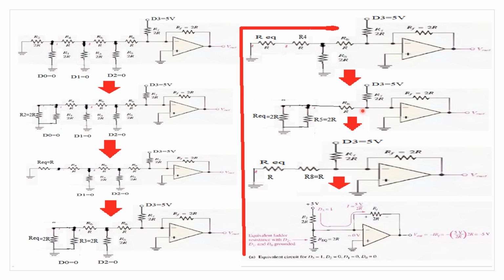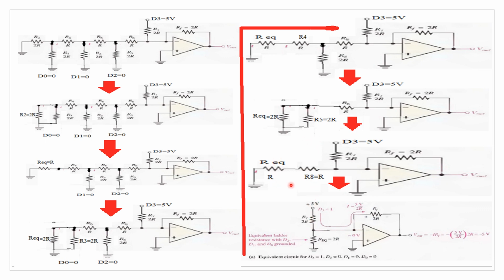So this portion can be replaced by a resistor whose value will be 2R. So the equivalent circuit is 2R with the 5 volt.